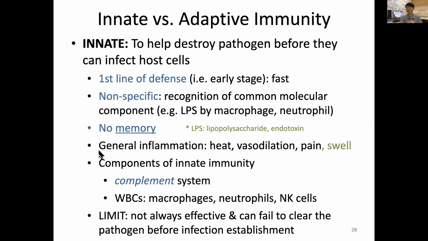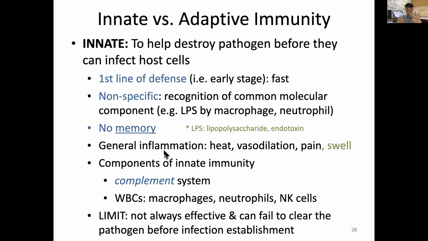It's more related to when an invasion happens, we produce a general inflammation, which is represented by four phenomena. One is heat, so the temperature goes up, you all remember. Then vasodilation, which is an enlargement of the blood vessels, and lymphatic vessels probably, so the vessels dilate. It also involves pain, so we know that something is happening there; it gives a signal to our brain.